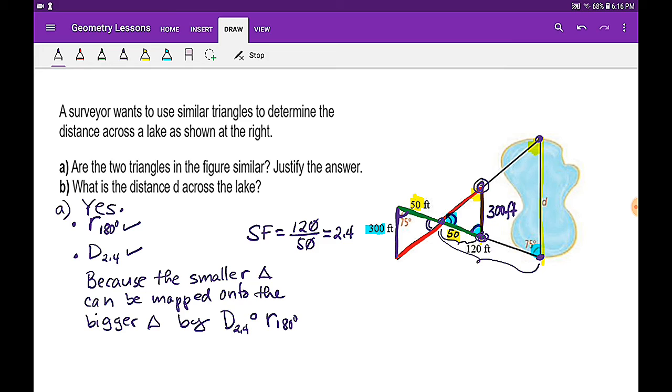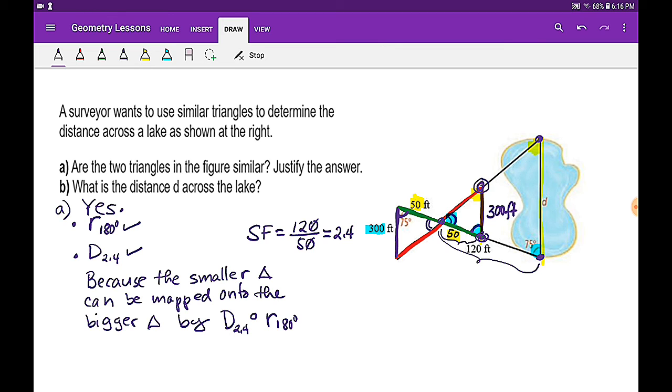So we understand this by now, that it results in the image of the smaller triangle by a dilation with scale factor of 2.4 composed with the rotation of 180 degrees. All right, so that's our justification for part A.